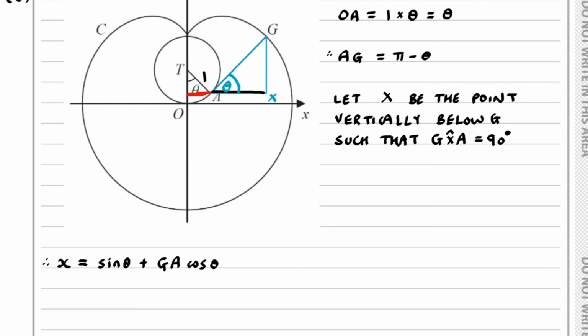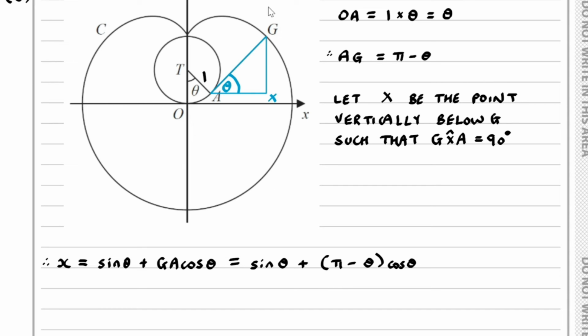Now, do we know what GA is? We've already worked out, that's pi minus theta. So I've got sine theta plus pi minus theta multiplied by cos theta.